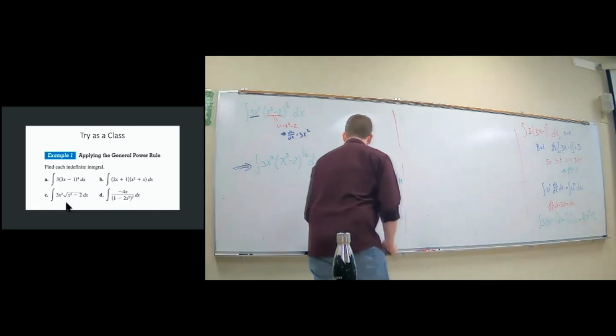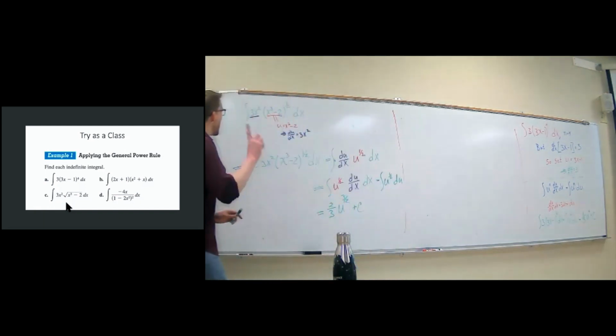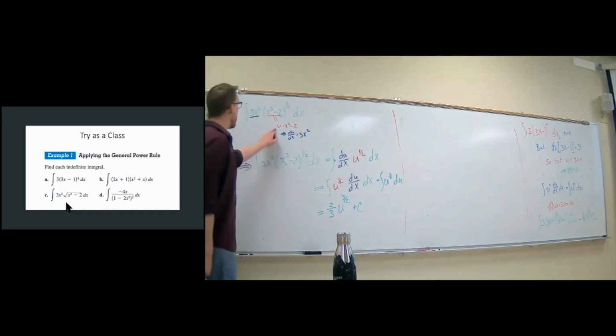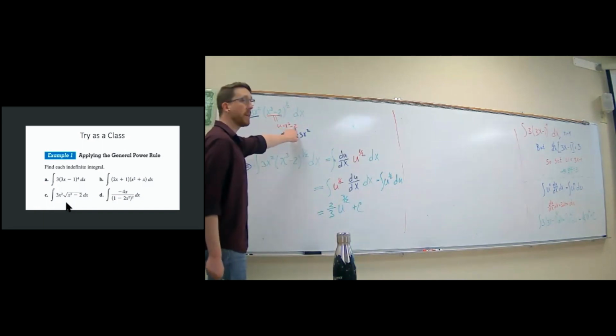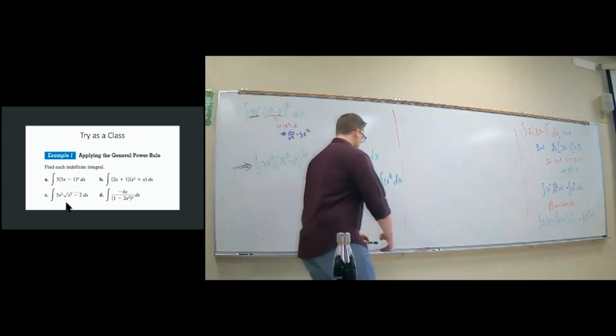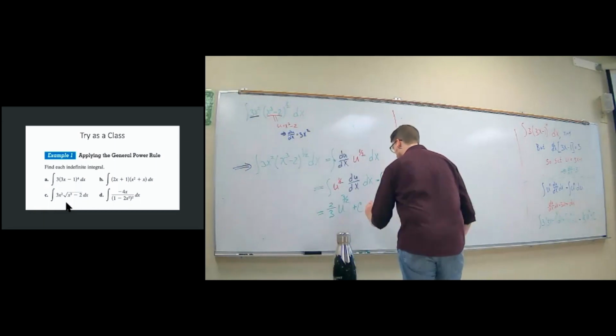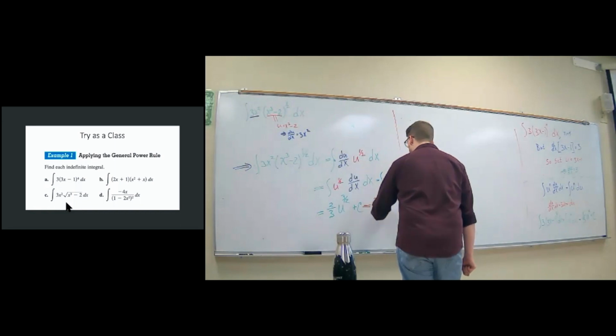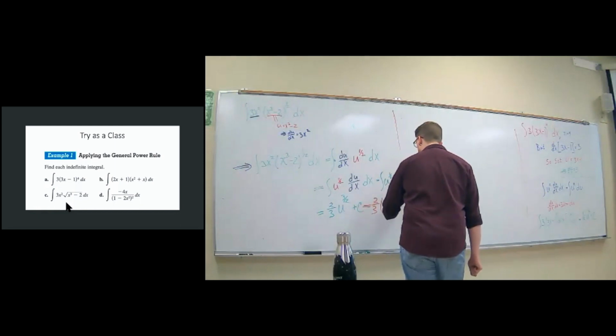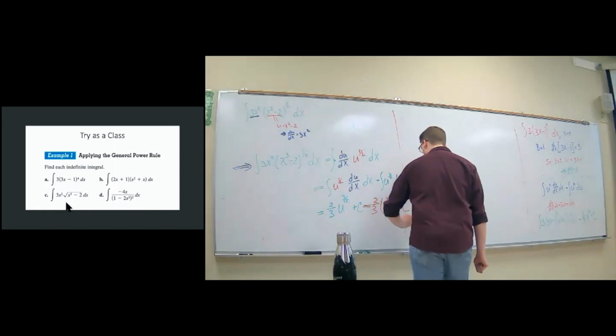Plus a constant. But hey, wait a minute. We just said u is equal to x cubed minus 2. So this is actually equal to 2 over 3 times x cubed minus 2 raised to the 3 over 2 plus a constant.